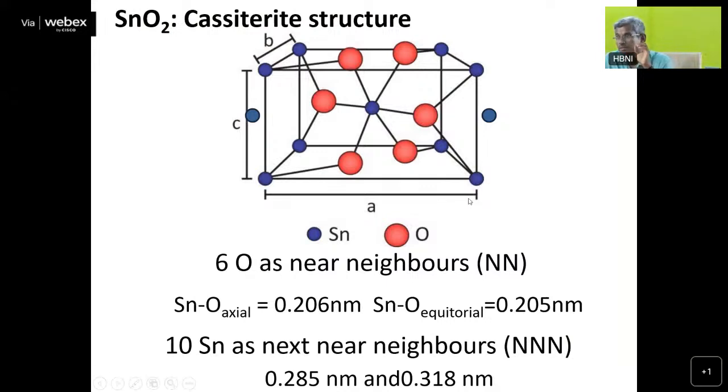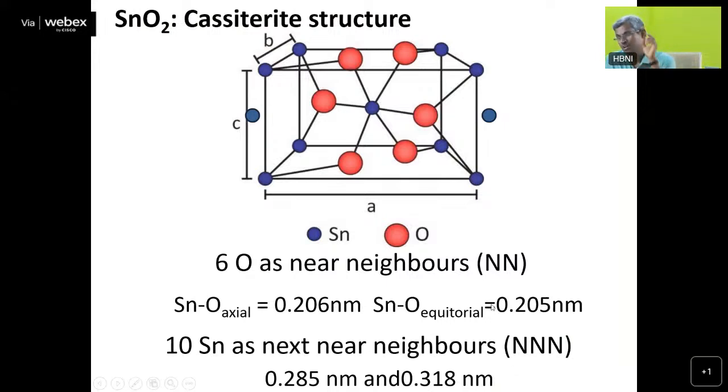Why? Because, Darshan, yes sir. This tin atom, the center tin, above this box or below that box, one tin atom can be there, but they are away. They are not considered as near neighbors. For near neighbors, we consider which is the closest and what is the next closest. These are away, higher than that, around 0.4 nanometer roughly.